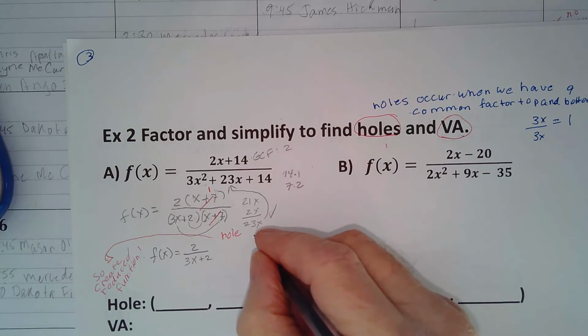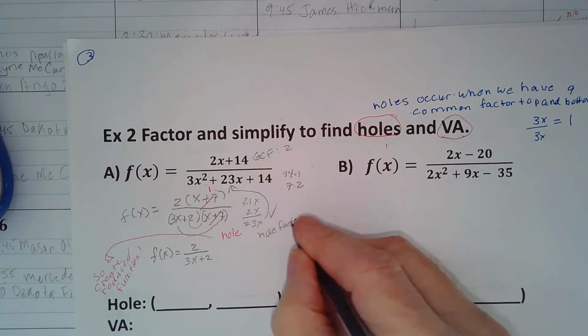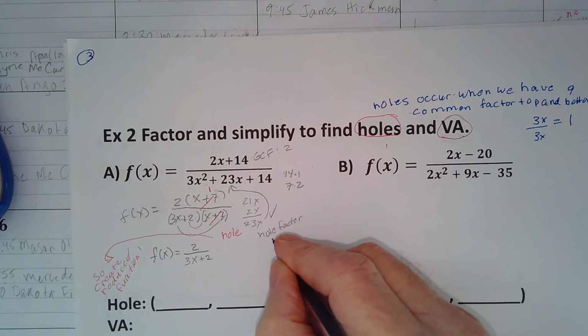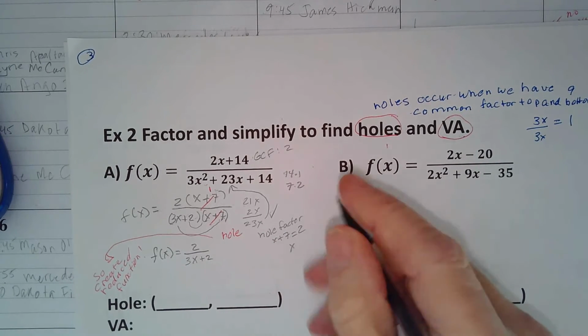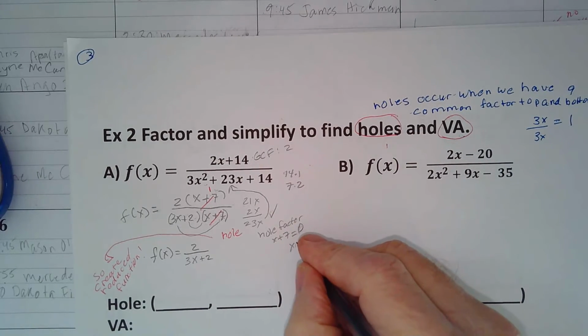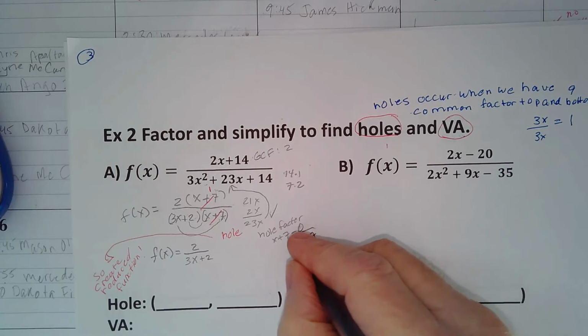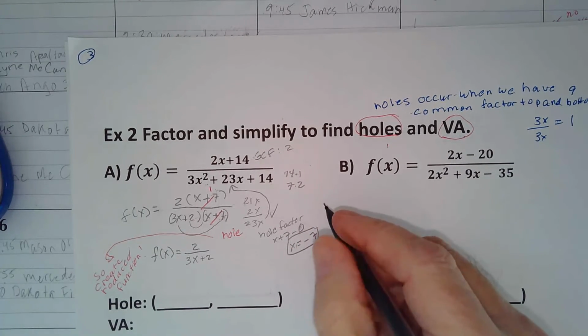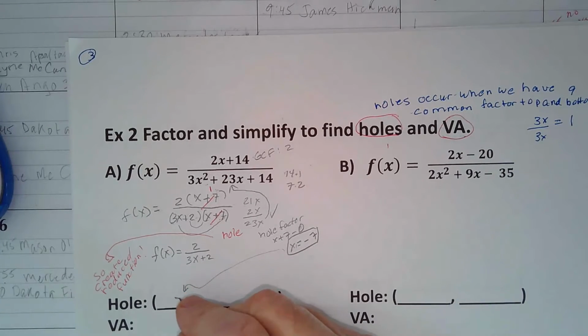So that hole factor simplifies to x plus 7 equals 0, pardon me. So x equals negative 7. So that's the hole factor. So since it's the hole factor, we're going to put it in here, negative 7.